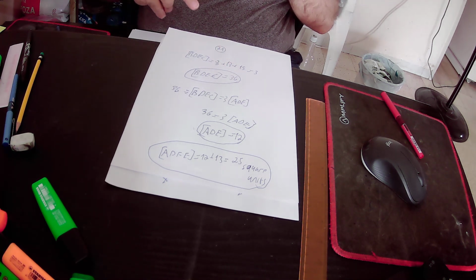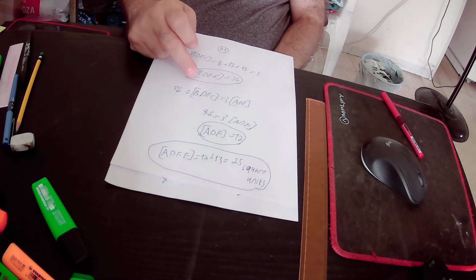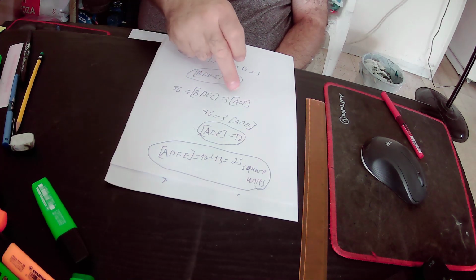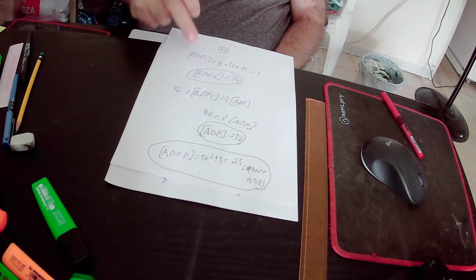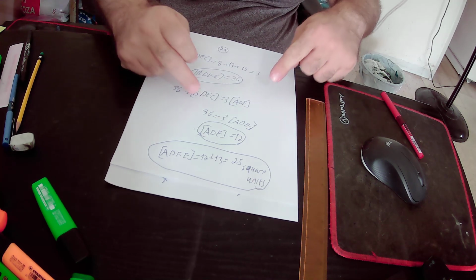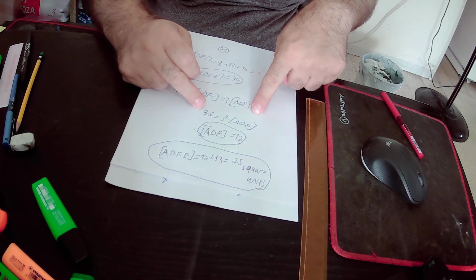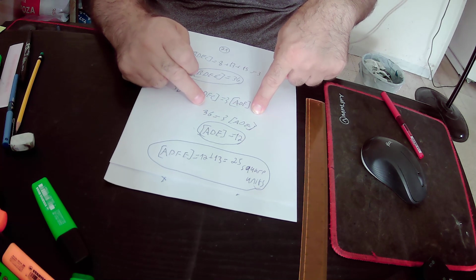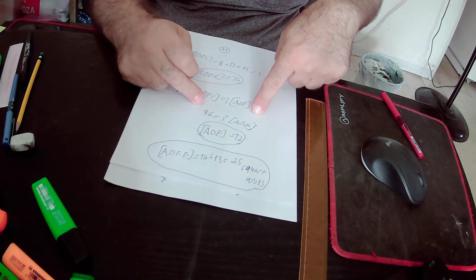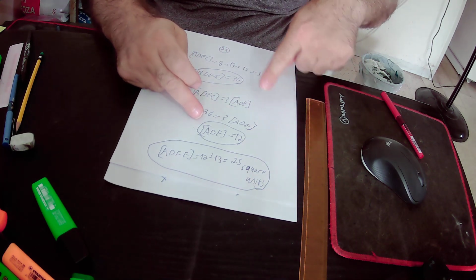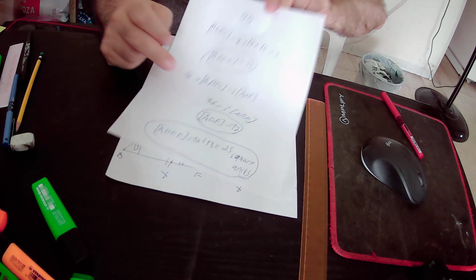But we have already found out that the area of the quadrilateral BDEC equals 3 times the area of triangle ADE. And we also know that it is equal to 36 square units. So we have this equality that 36 equals 3 times the area of triangle ADE. We can divide this equality by 3, and we found that the area of triangle ADE equals 12 square units.